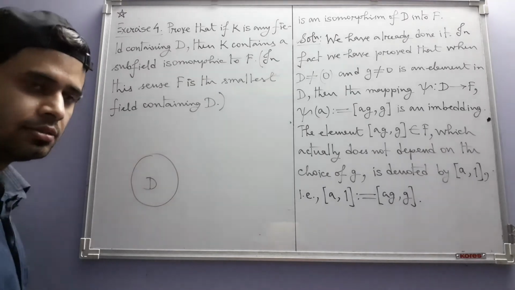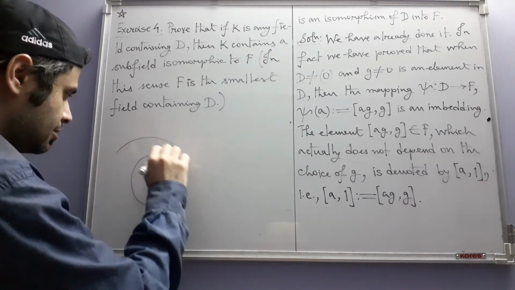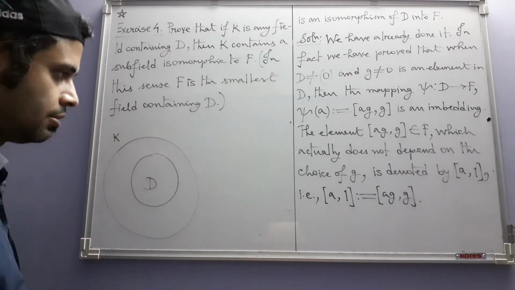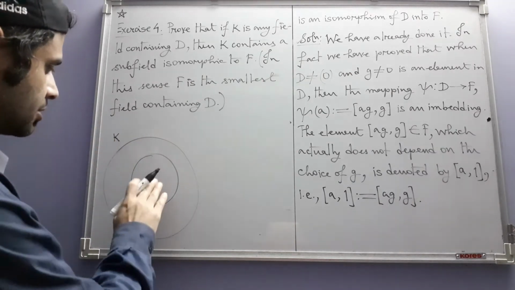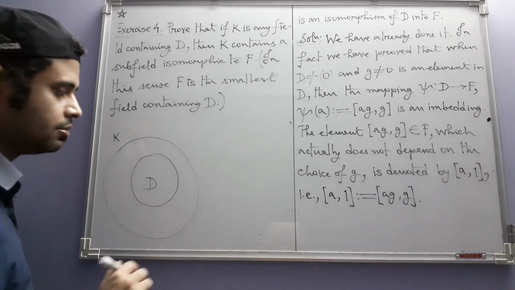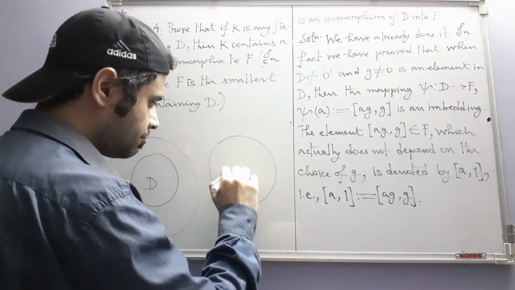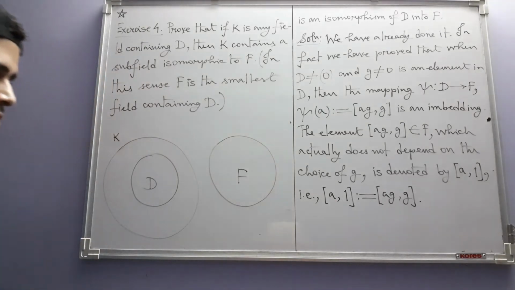integral domain D and there is a field K which contains D, and at the same time, starting from this integral domain, we can of course construct the field of its quotients.